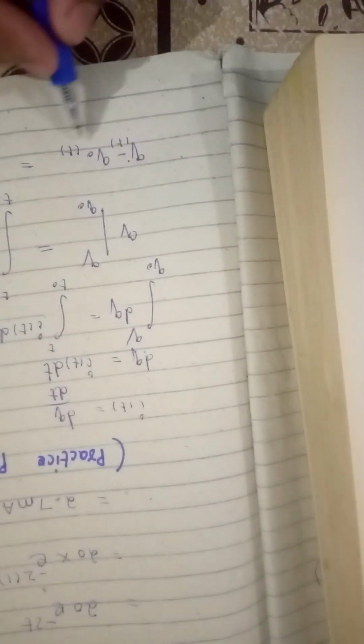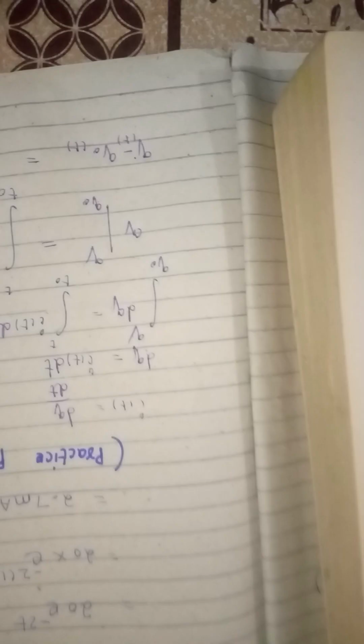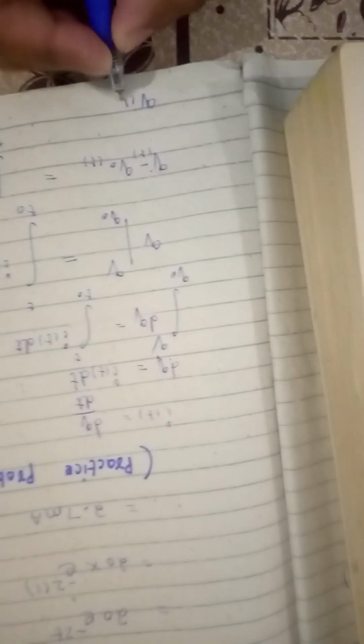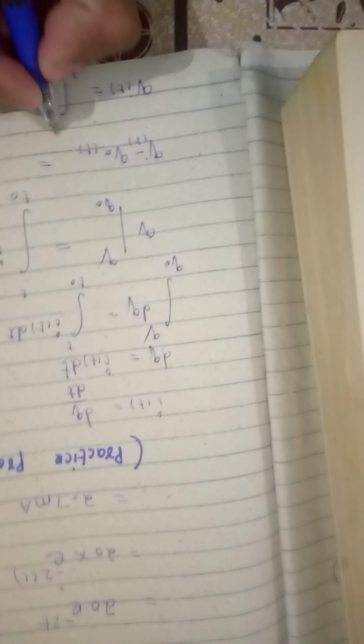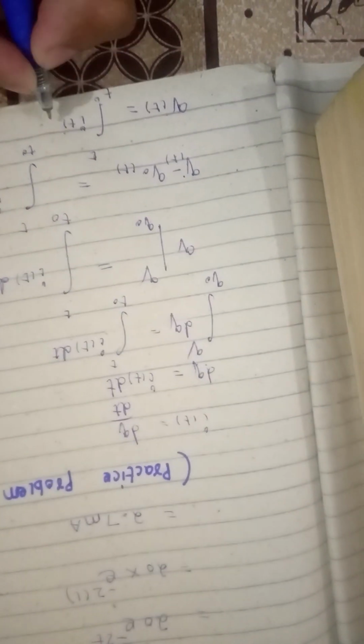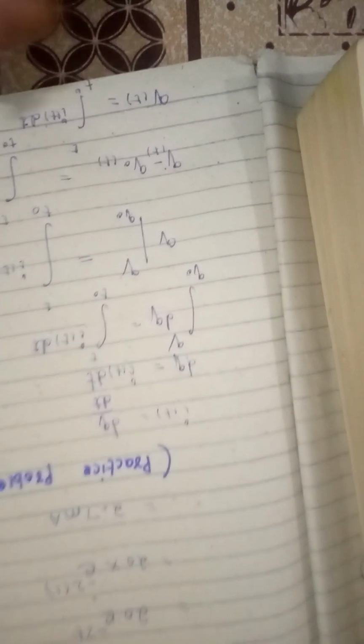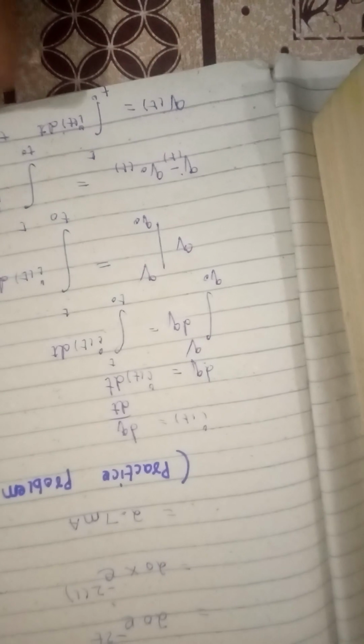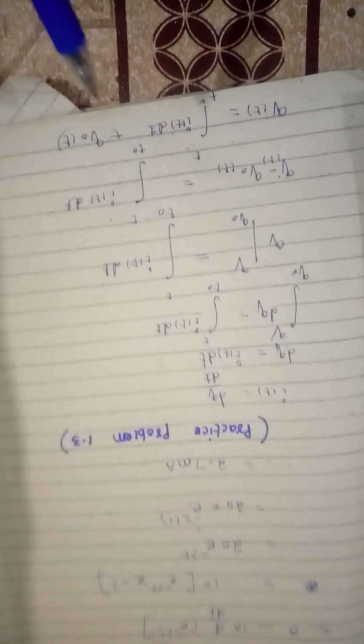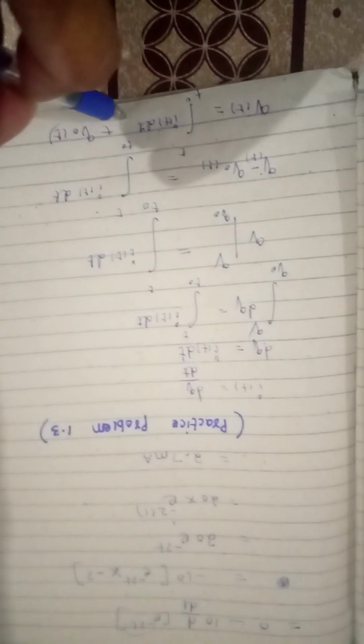Now this is a term with negative sign, so simply take it away from the others. So the integral from t naught to t of i(t) dt plus q naught of t. So this is the formula which helps us to solve this problem.